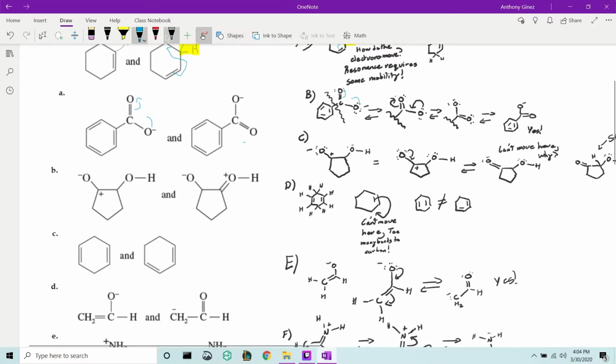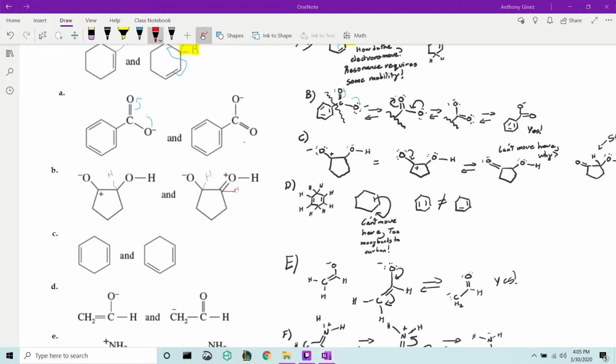In C, what's C? C is this species. The first thing I notice off the top is that there's a hydrogen here that's drawn out, and here there's a hydrogen, whereas this hydrogen becomes missing over here. I don't know where it went to, but that screams to me immediately that this would not be a resonance structure.